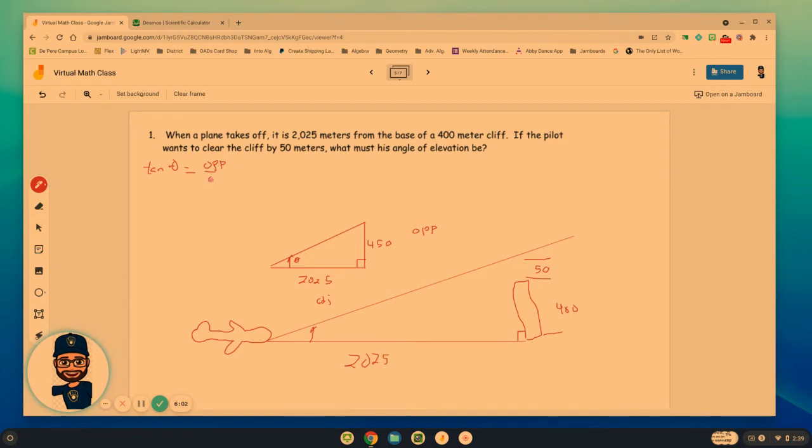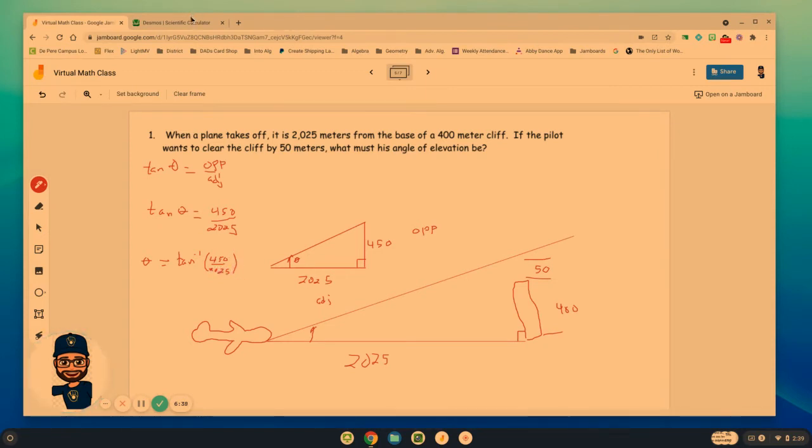So tangent of whatever angle measure we are looking for is equal to the opposite, which is 450, over 2025. Again, when we're looking for an angle measure, we're going to have to take the tan inverse. So we're really looking for the tan inverse of 450 divided by 2025.